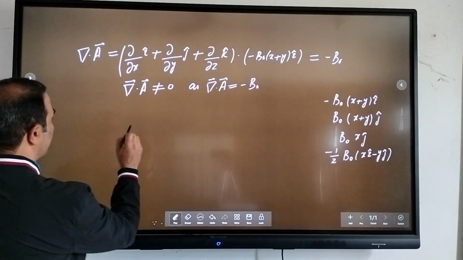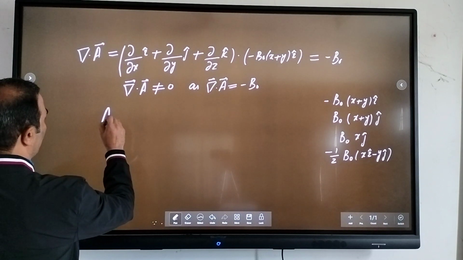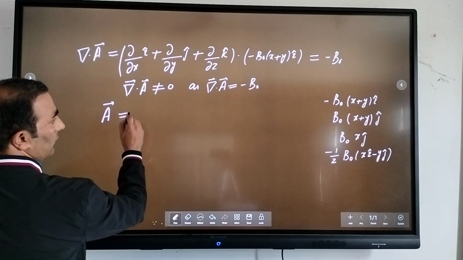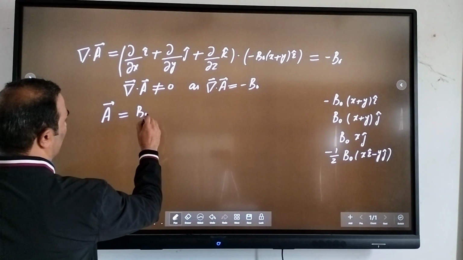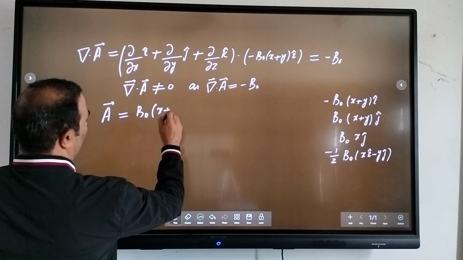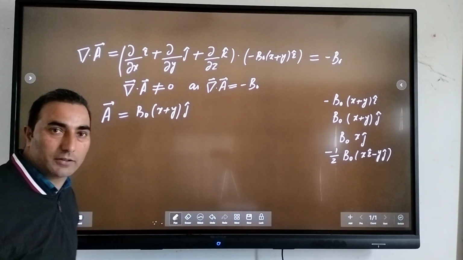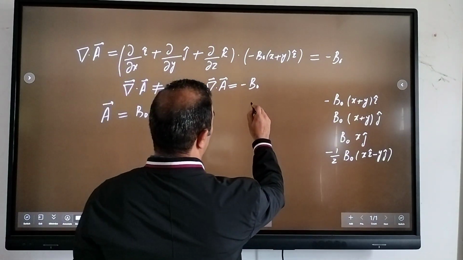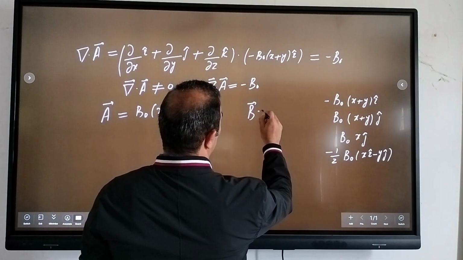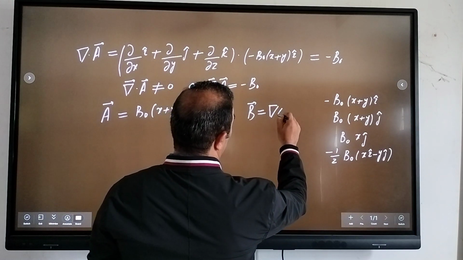Okay. So the second choice is that if our vector potential is B₀(x + y) ĵ, right? So first we need to check that B should be equal to ∇×A.